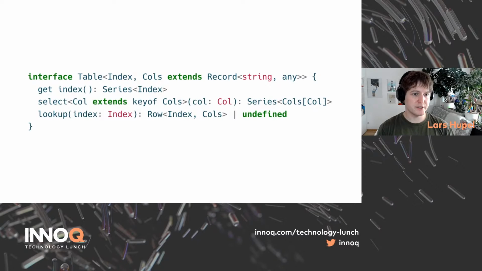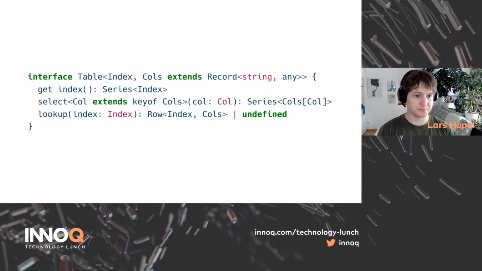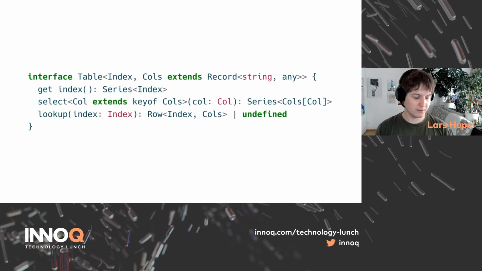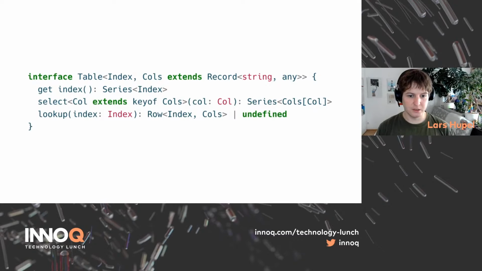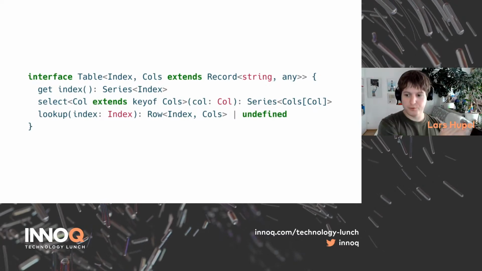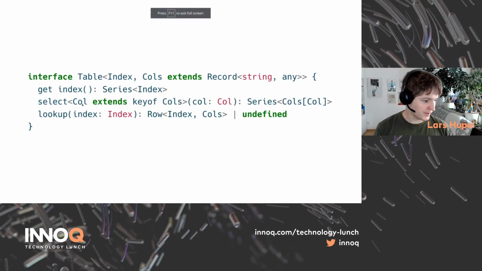So the first operation is the select operation, where we just take a look at a particular column. And this already shows you some interesting bits in TypeScript, and it kind of circles back to what I showed you initially, where we were looking at the DOM. Now, what does it say here?